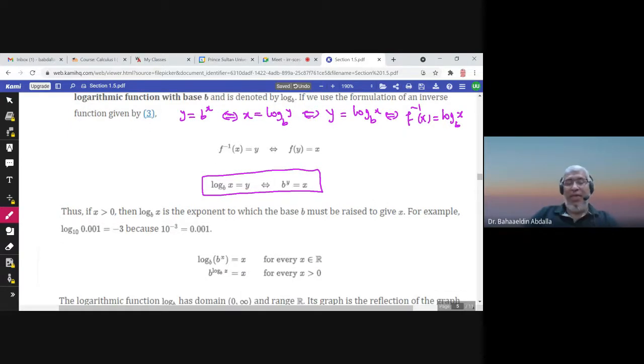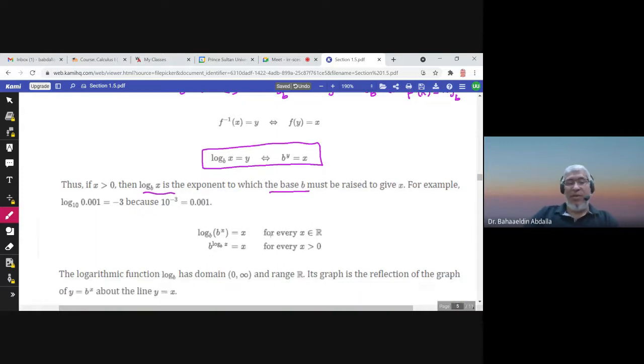Or you can say from here, how to obtain log x to the base b? Well, log x to the base b is y, and y is the power to which you raise the base b to give you x.